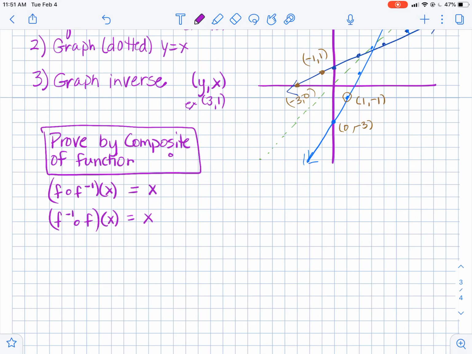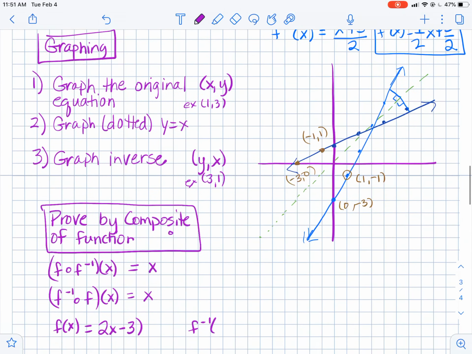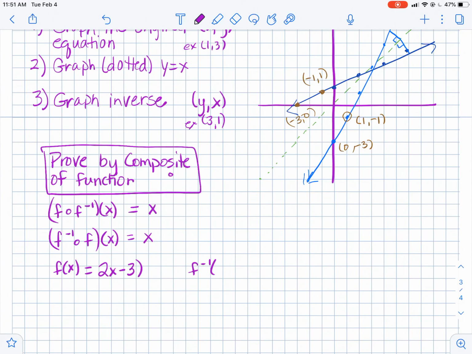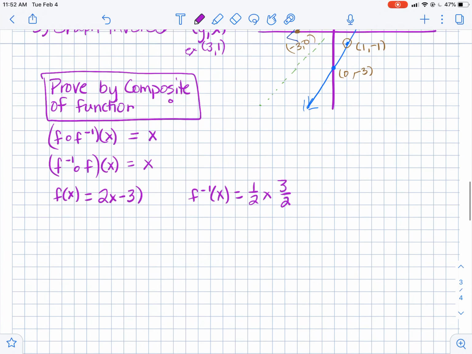Okay, so we are going to do both of these checks. Again, I'm going to write my two equations. This was my original, 2x minus 3, and my inverse was 1/2 x plus 3/2. Okay, so those are my two equations.